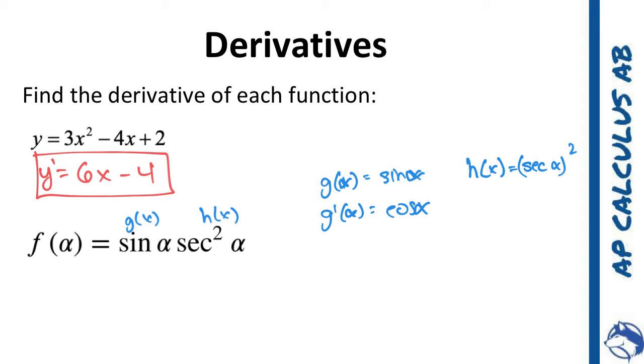So then when I take the derivative, h prime of x, you have to remember to bring the 2 out in front. It's still times the secant of alpha. And then I have to multiply the derivative of the middle. Well, the derivative of the secant, if we remember, is the secant tangent.